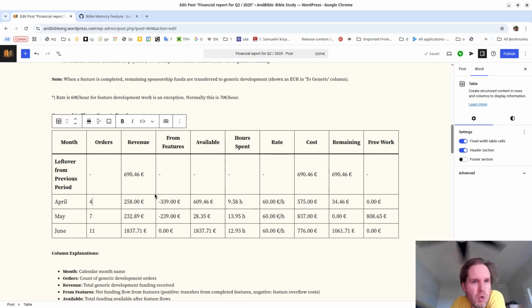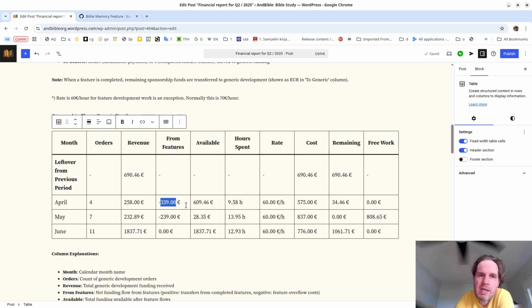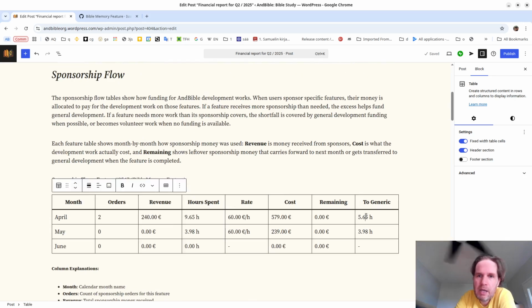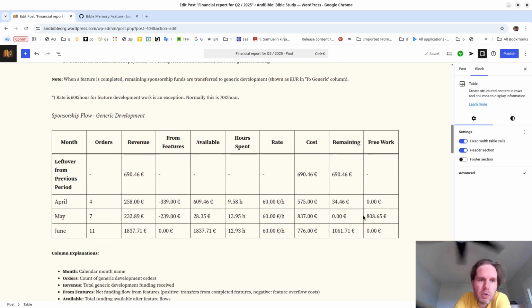Total number of money is 258 euros. This from features now is minus 339 euros, which is essentially the same as this. If you multiply this by the generic hourly rate, which is 60 euros, you will get the 339.